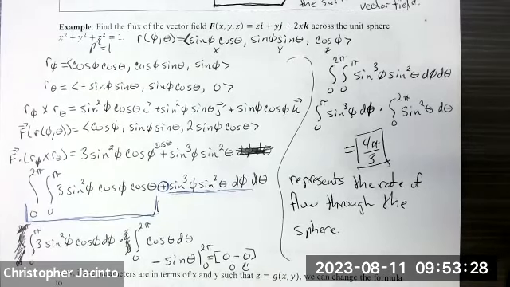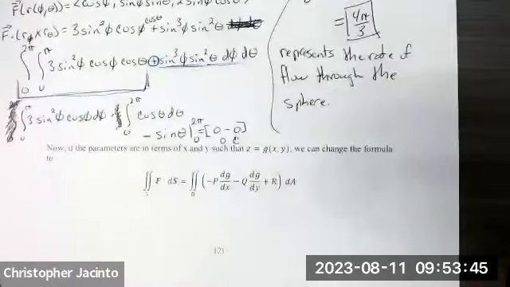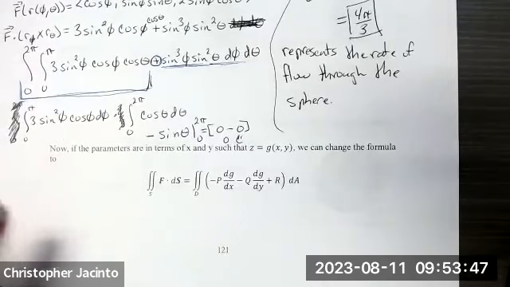Now, we have not talked about how to find the flux of a vector field if a parameterization is just x, y, and z. That's what we're going to talk about right now. So this is our integral in terms of x, y, and z.